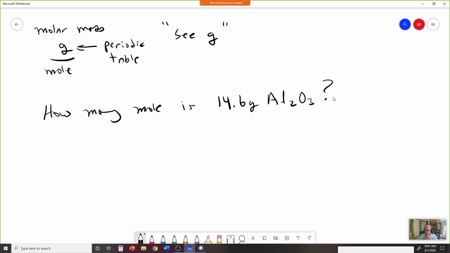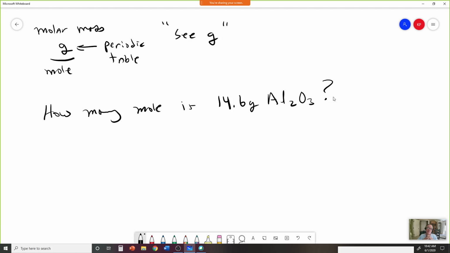For any problem that we're doing, we have to ask ourselves some questions. We don't want to jump straight to the setup. The first question I ask myself is, do I see number of atoms or number of molecules? And the answer is no. I don't see anything about atoms or molecules or how many we have in this problem. Okay, don't need 6.022 times 10 to the 23rd.